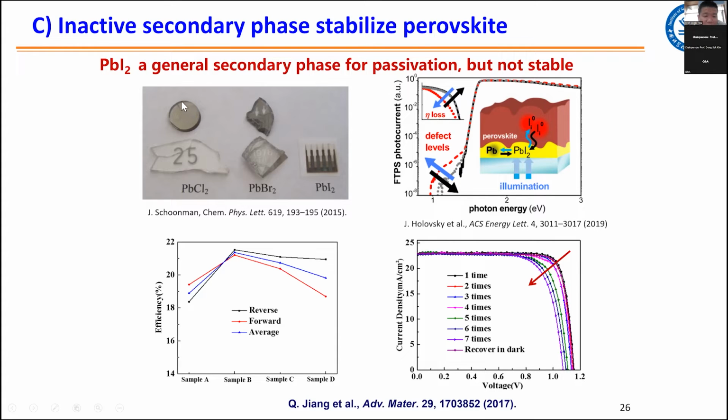The black material is lead metal. This means the PbI2 could be decomposed into lead. If PbI2 decomposes into lead, there will be more and more perovskite decomposing into PbI2, so the perovskite system should not be stable. So how can we make it stable?